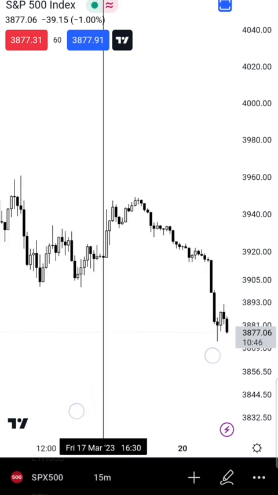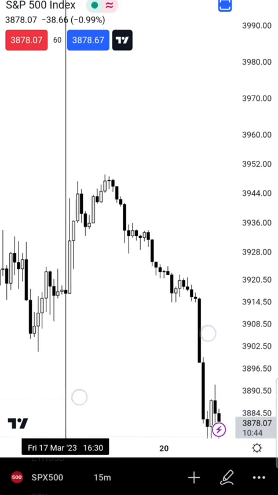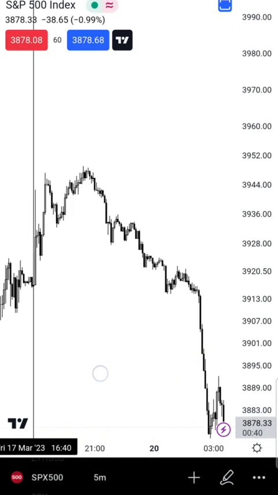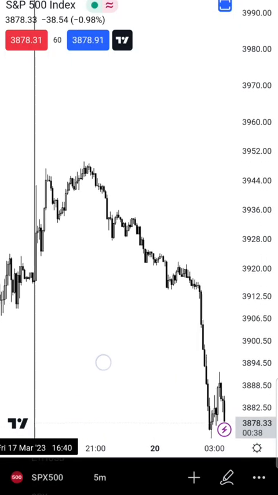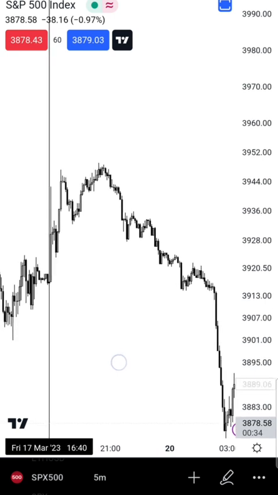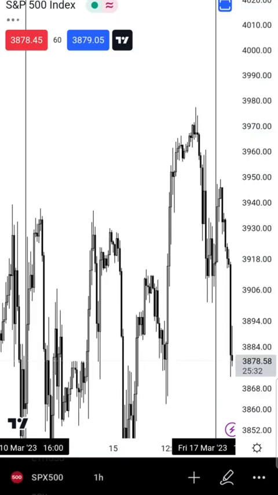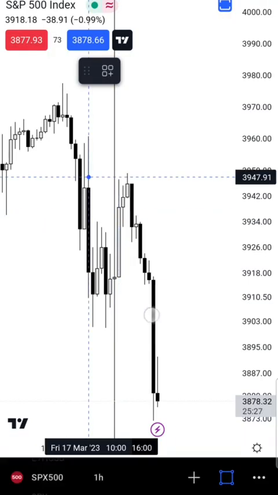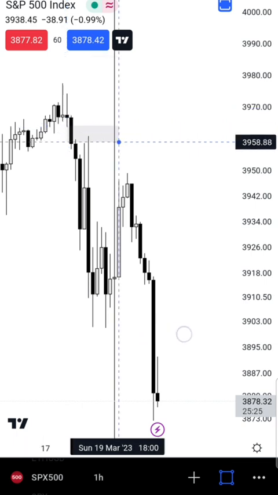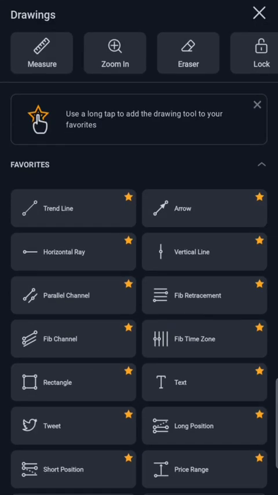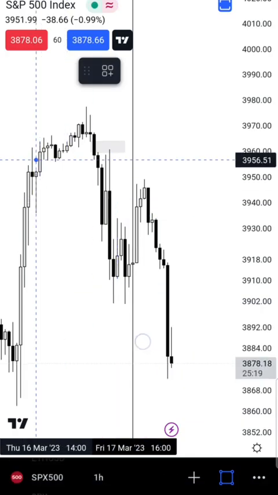So the week opens. You go to the 5-minute, after going through the weekly and daily and the 1 hour, which is also respecting bearish PD arrays and breaking through bullish PD arrays.